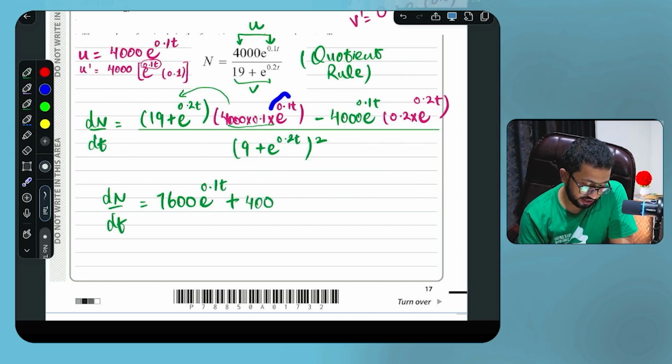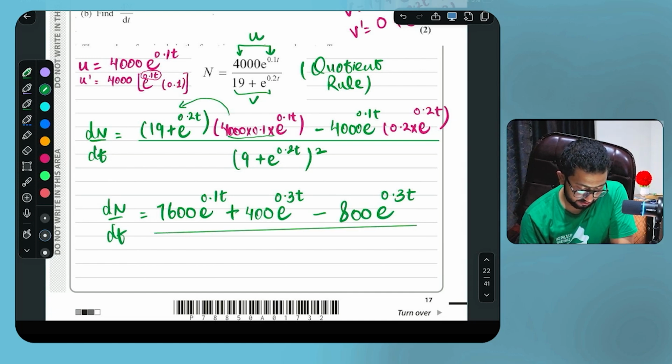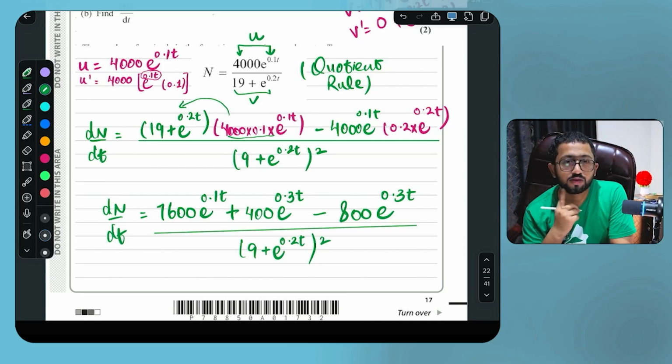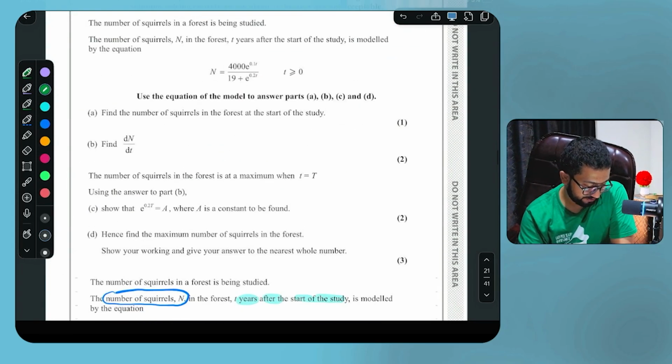So when e raised to power 0.1t multiplies with this one, the bases are same, so powers will add, and it will become 0.3t, minus 800 e raised to power 0.3t. Alright, perfect. Let's move forward.